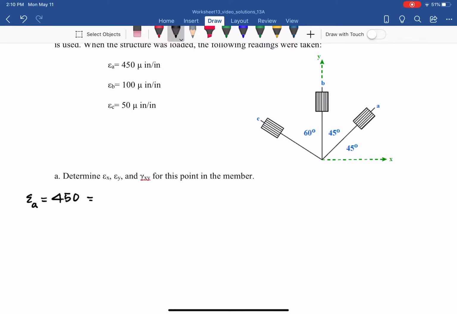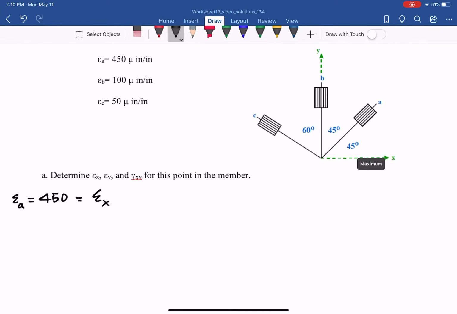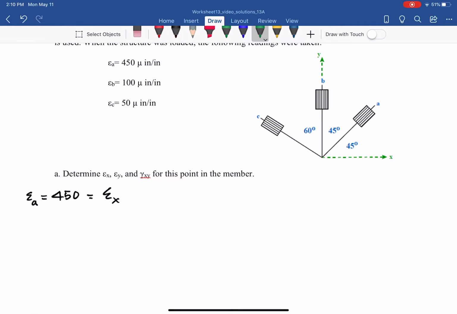That equals epsilon x cosine square theta A. As you can see here, this is theta A, and theta B is 45 plus 45, so that is 90 degrees.